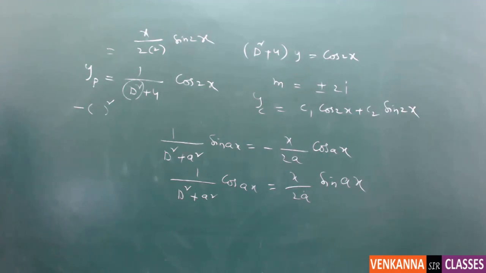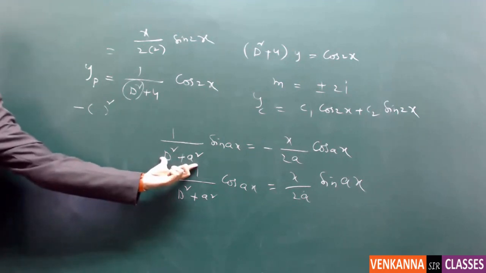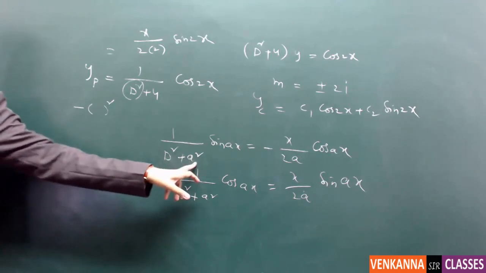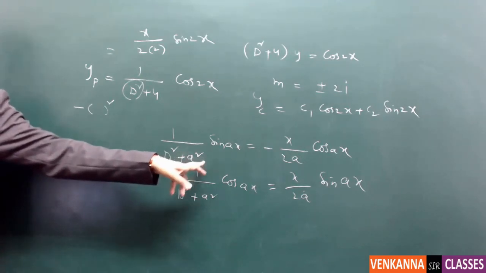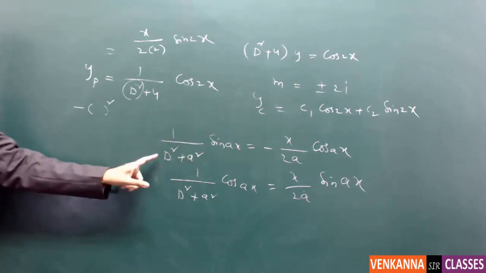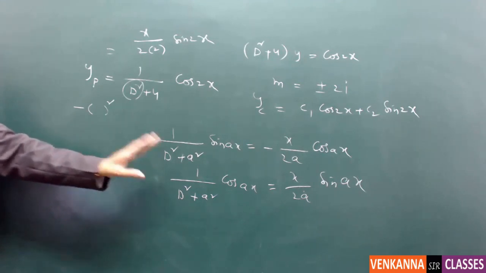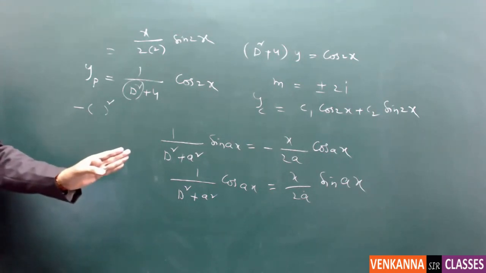Now, sometimes what happens, in the denominator you may have multiple factors, for example (D square plus a square) whole cube, whole power 4. Such a situation will arise in the denominator part while calculating yp. For that, we are going to apply the formula.